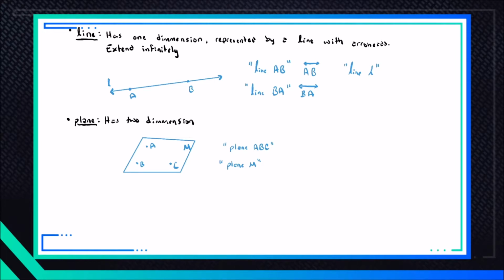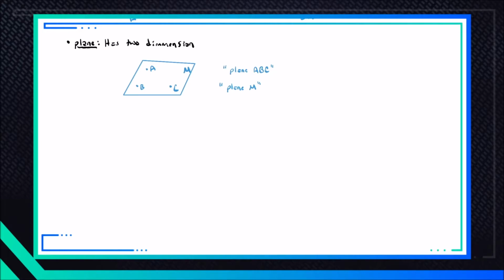All right, a couple more definitions that might be useful for us are the terms collinear points and coplanar points. And so collinear points are going to be points that lie on the same line.